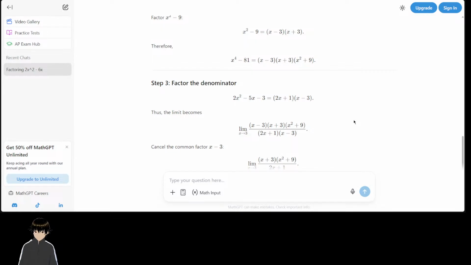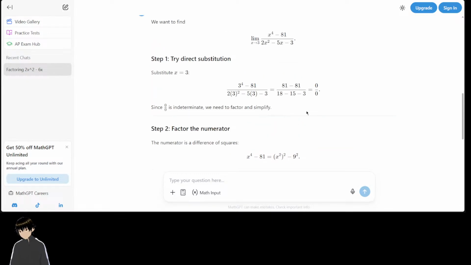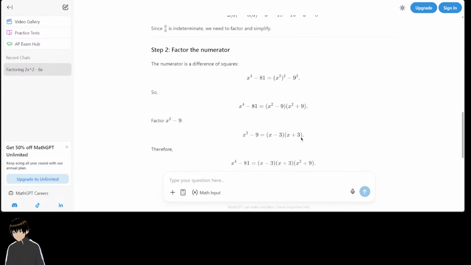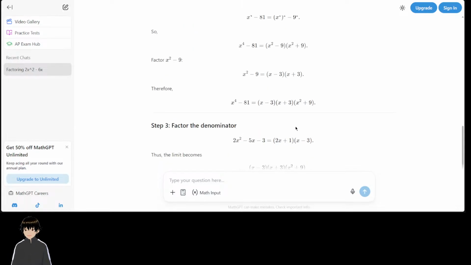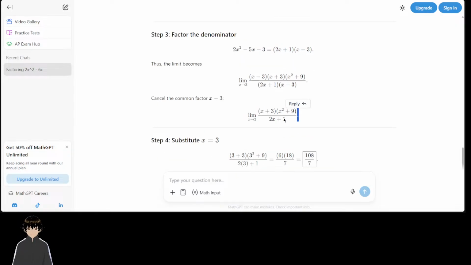It's 3, so... Wait, why did that happen?